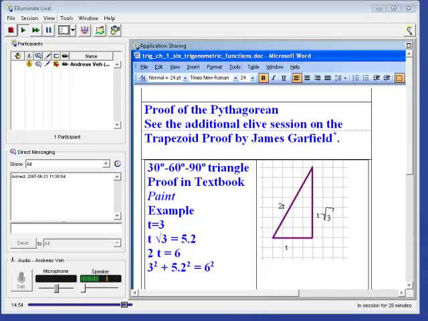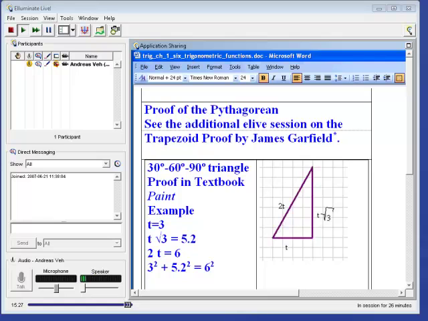And then the proof here, actually, we can do sleight of hand, where we say, okay, t squared plus t squared equals, well, 2t squared. Take the square root of that, which is the hypotenuse. We come up with t times the square root of 2, respectively. 2 times, I'm sorry, t times the square root of 2 is going to be 4.2 rounded.